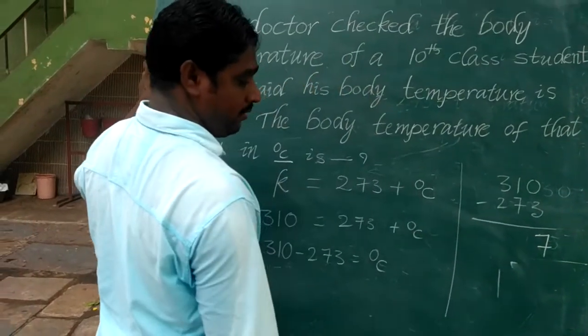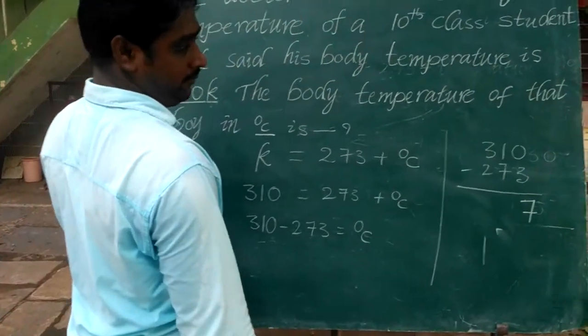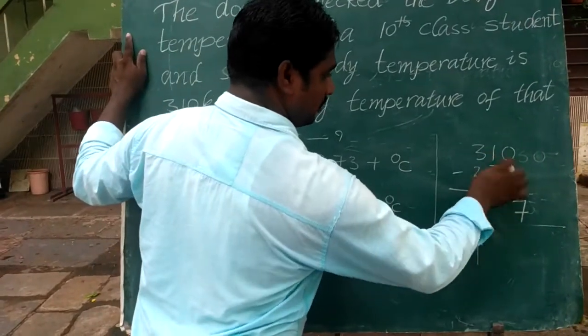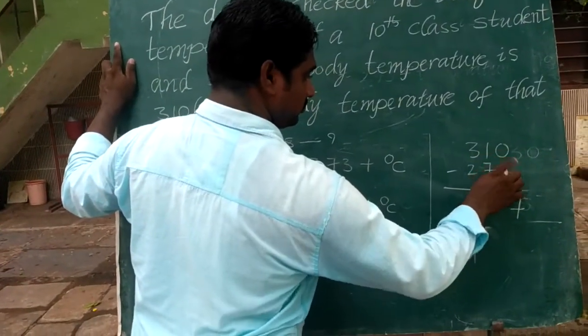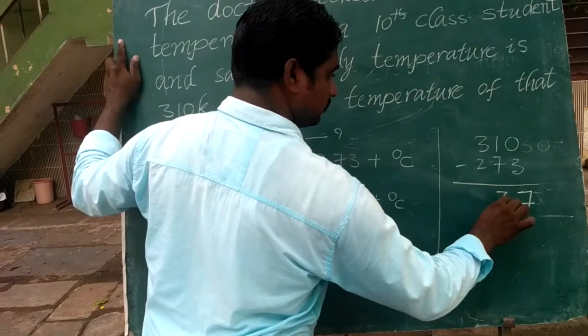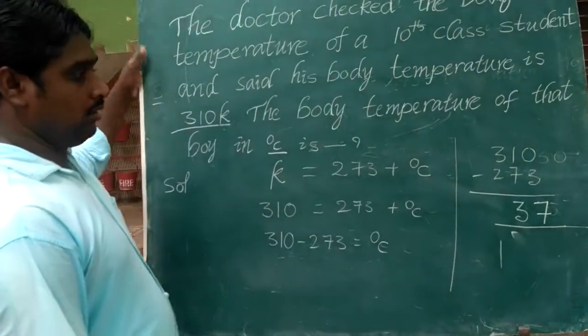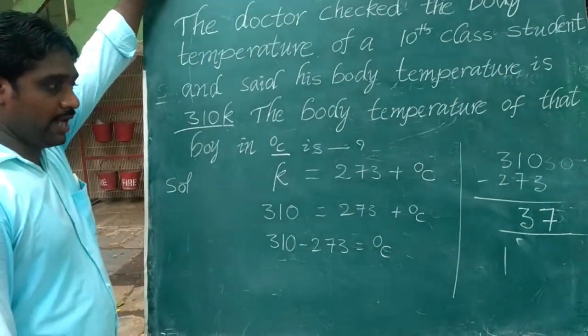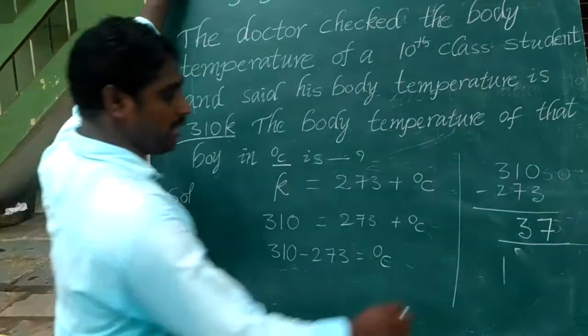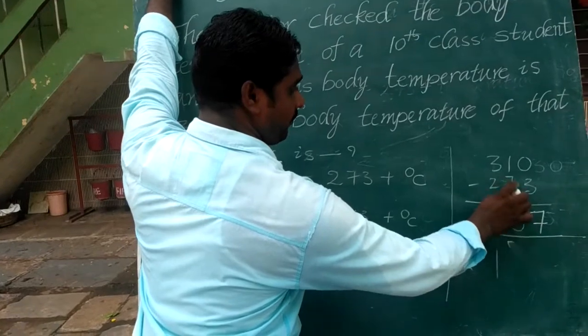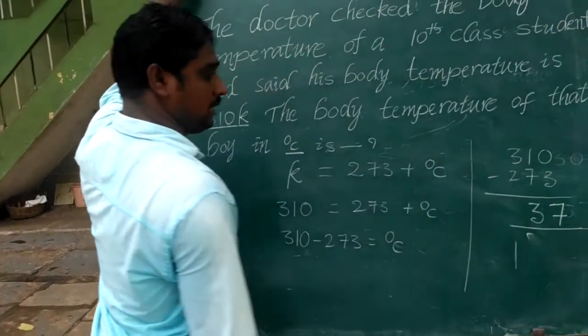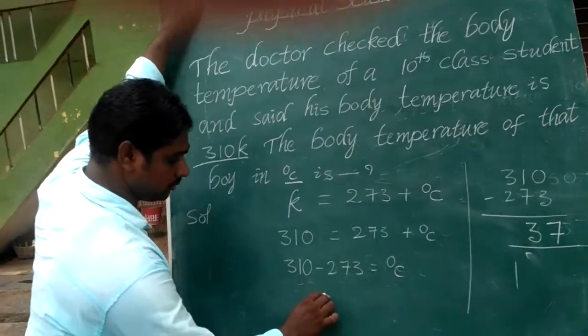Subtract 3 from 10, we get the answer 7. Okay, students, we have to subtract the value of 273 from 310, and we get the answer 37.